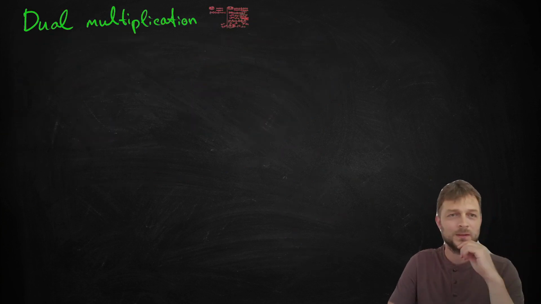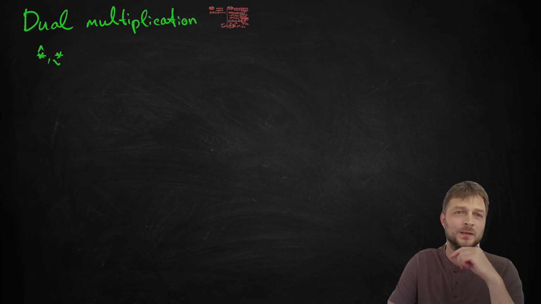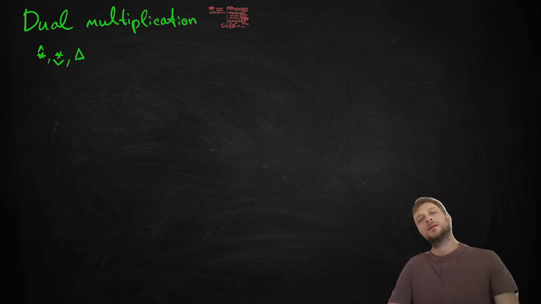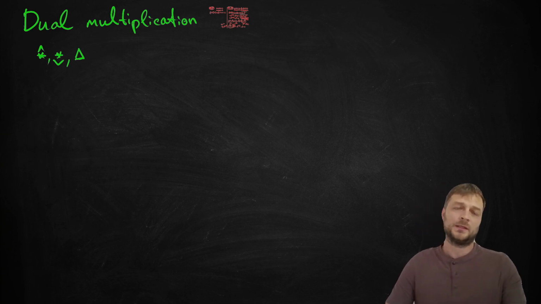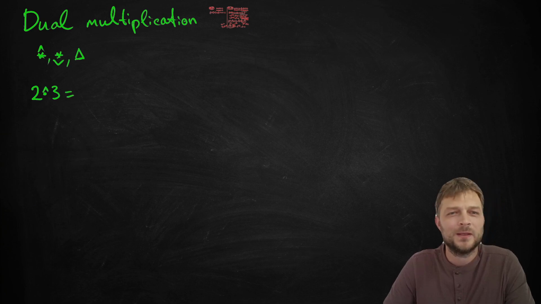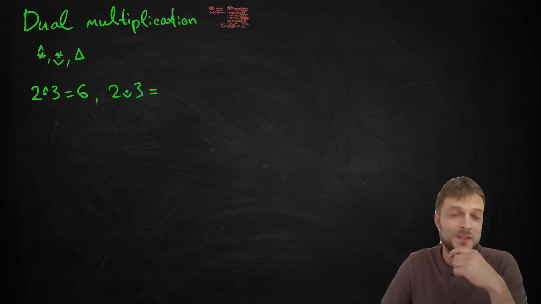We want to introduce standard multiplication and its dual, and we want to understand what this triangle operation is. So let's see, for example, if we multiply 2 by 3 in the standard sense, we are getting 6. When we triangle 2 by 3, how can we figure out what this number is?